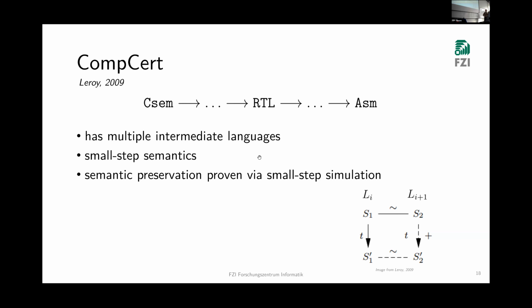This means that every execution in the first language corresponds to a similar execution in the second language. Then, since this is shown for each transformation, it follows that the full compiler pipeline is correct. So the behavior of the assembly code is the same as the behavior of the original C code, equipped with some semantics.